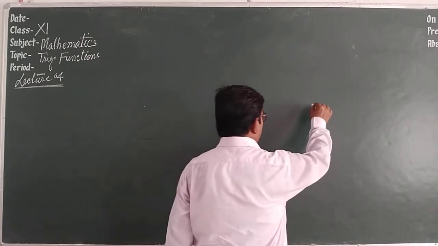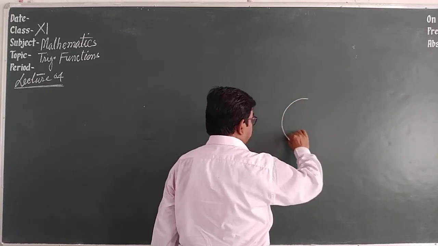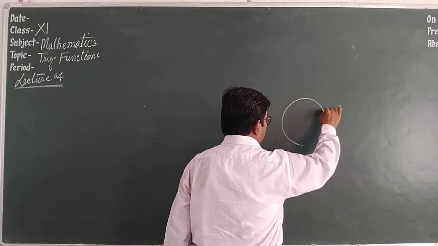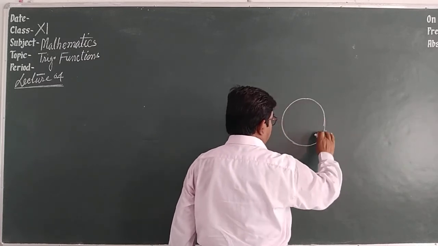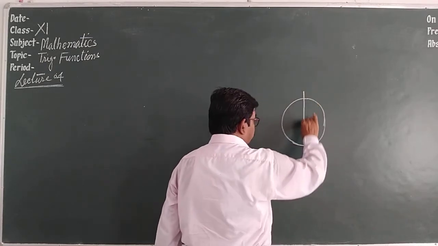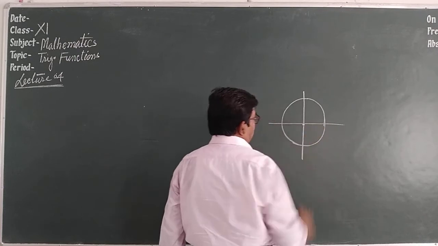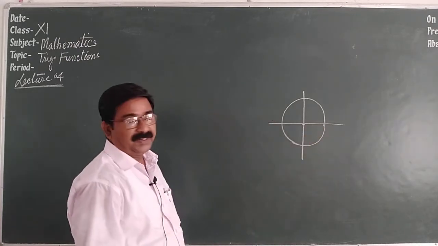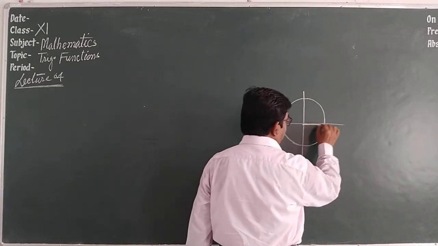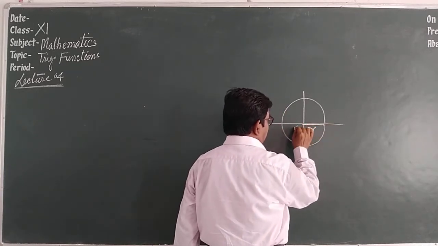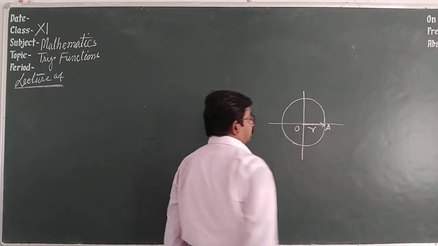Suppose this is a circle and the origin is at the center, the radius of the circle is r, the center is O, this is OA.